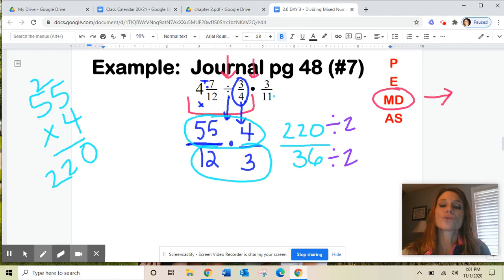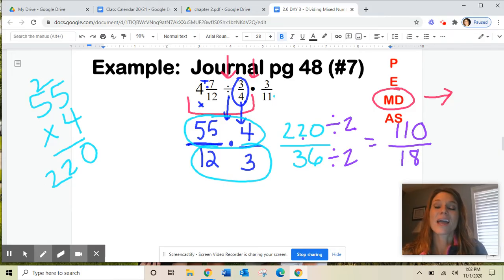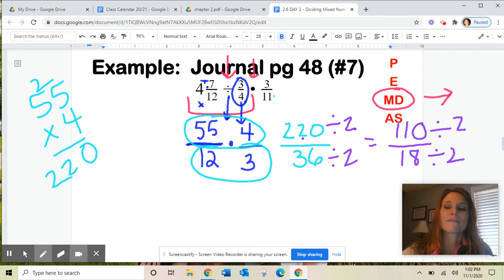So 2 goes into 200, 100 times. 2 goes into 2 once, and 2 goes into 0, 0. So I got 110 going on here. And then half of 36 is 18. I notice they're still even. So cut them in half again. 110 divided by 2 gives me a 55.